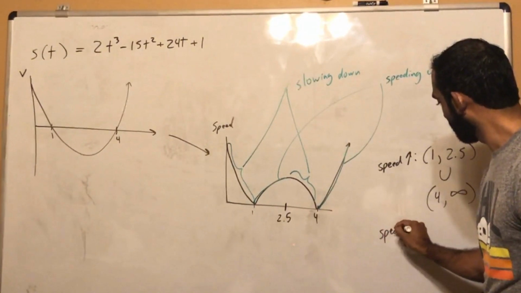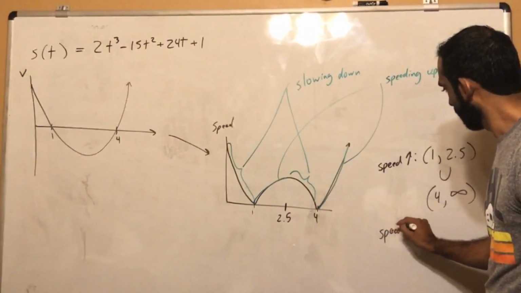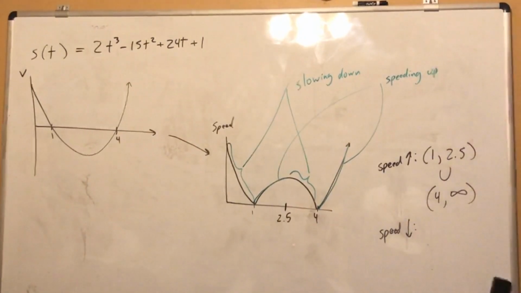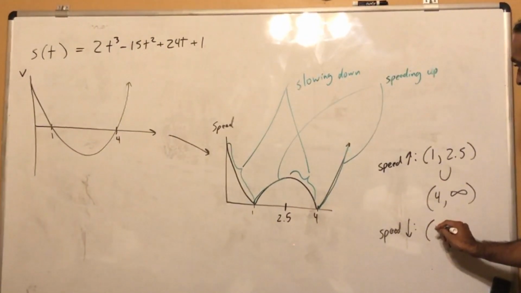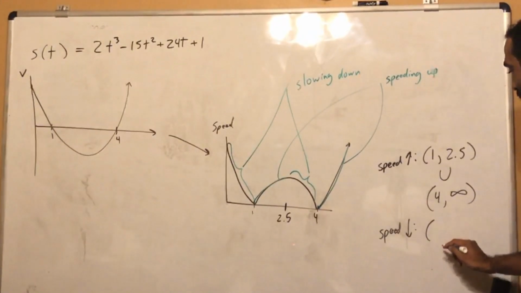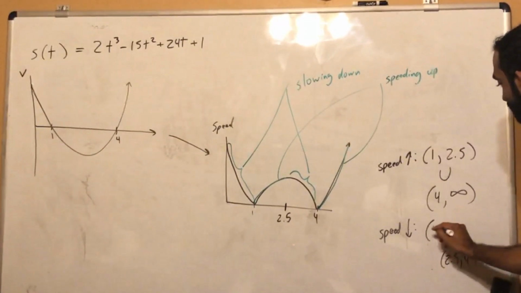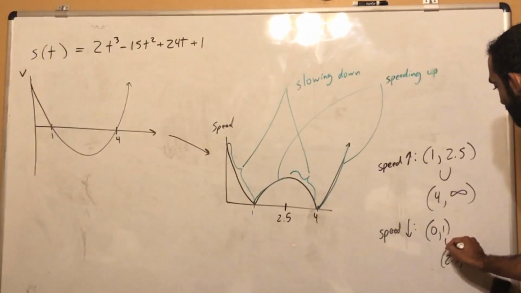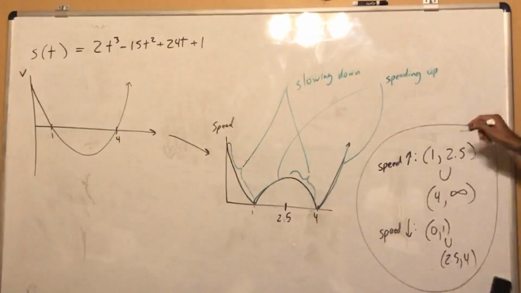What about slowing down? Yeah, go for it. Start with the first one, 0 to 1, union 2.5 to 4. That's all there is to it.